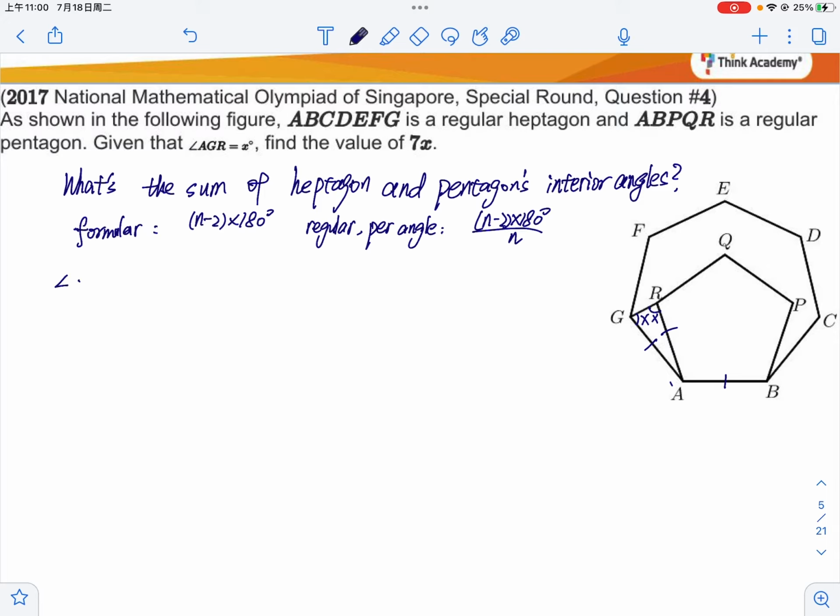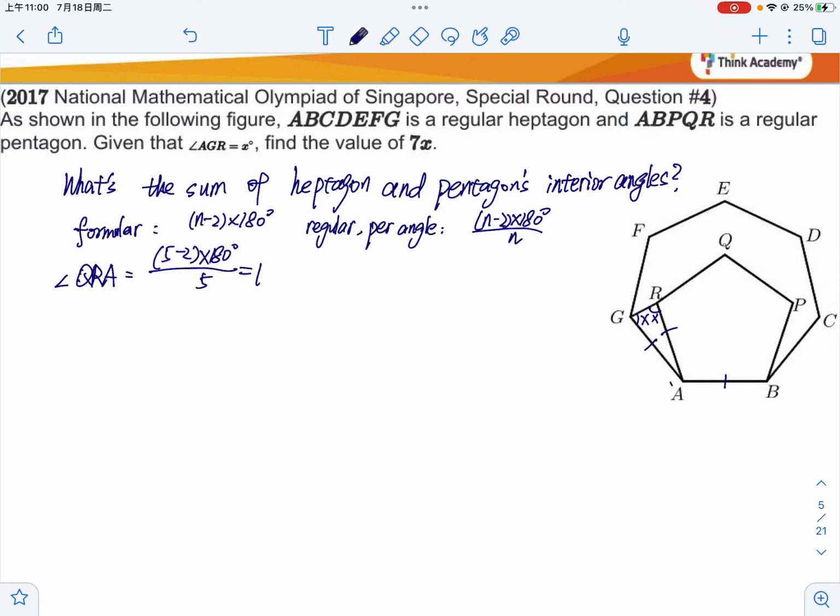So the angle QRA, first tell me how to calculate angle QRA. It's just n equals 5. It's a regular pentagon. It's 5 minus 2 times 180 degrees divided by 5.